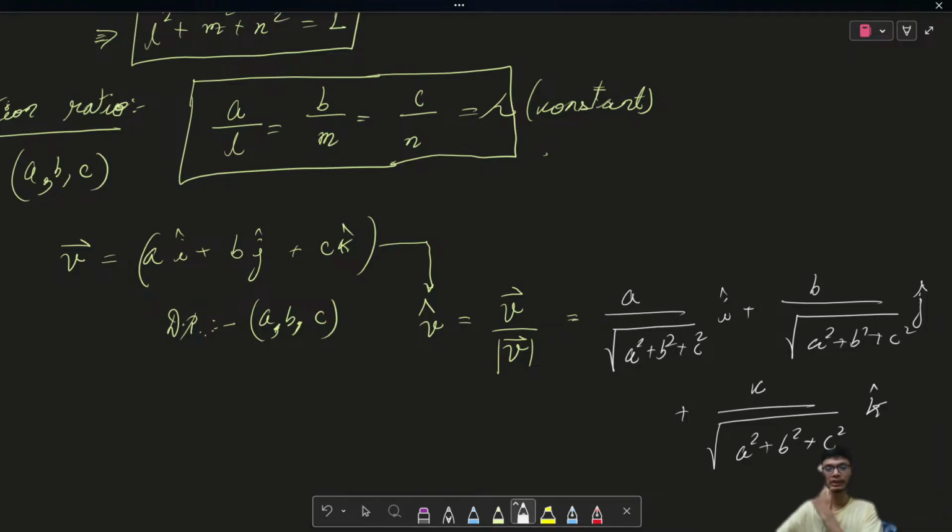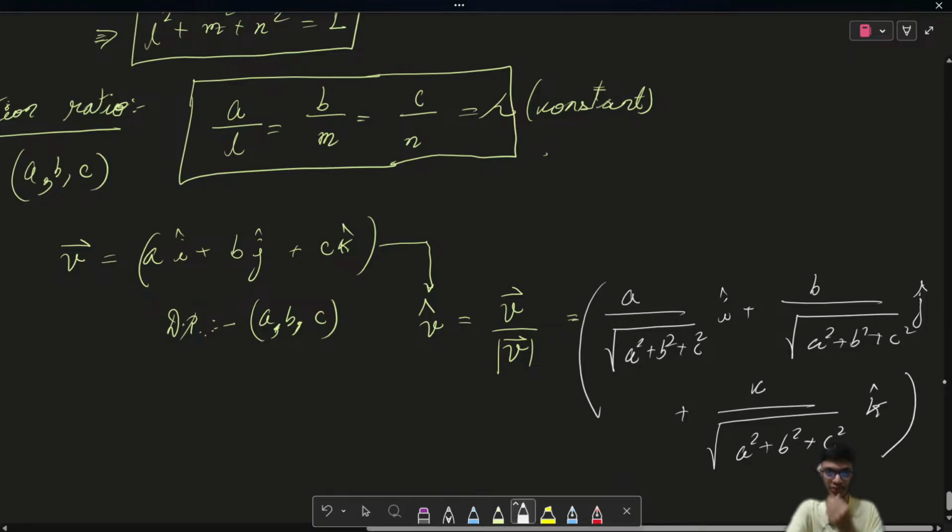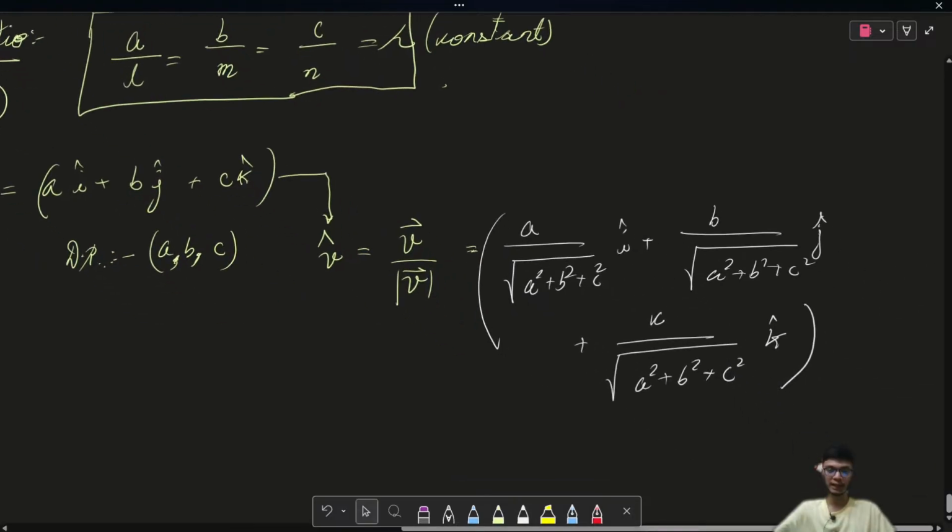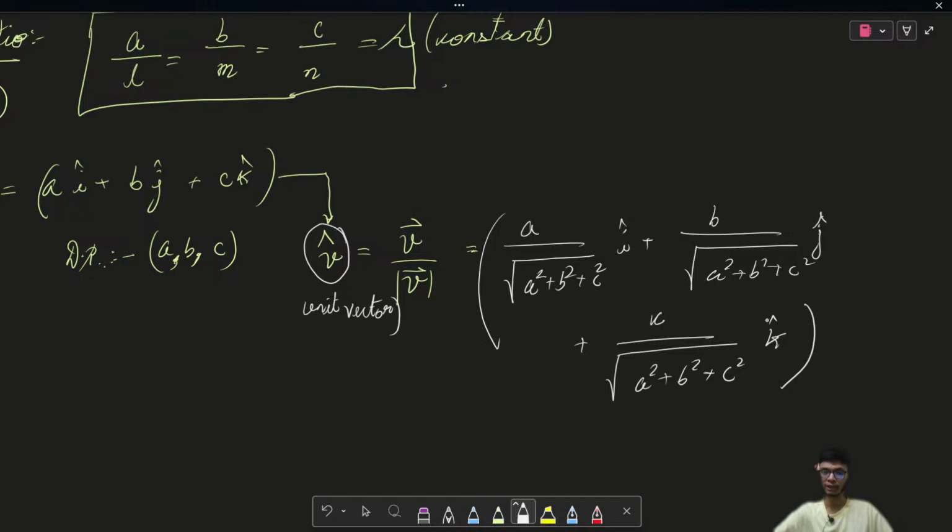This will denote the direction cosines. So direction cosines are the components of the unit vector, whereas the direction ratios are the components of the general vector.